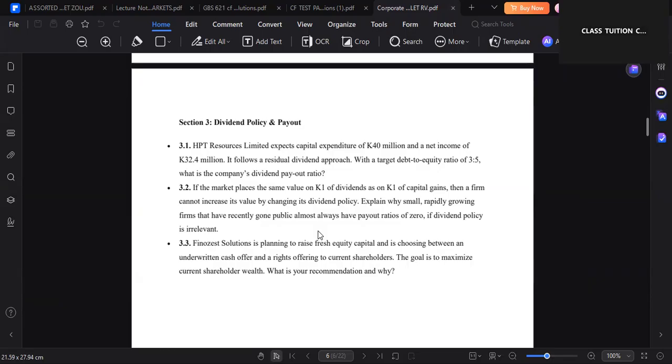Explain why small, rapidly growing firms that have recently gone public almost always have payout ratios of 0 if dividend policy is irrelevant. And Finance Solutions is planning to raise fresh equity capital and is choosing between an underwritten cash offer and a rights offer to its current shareholders. The goal is to maximize the current shareholders' wealth. What is the recommendation and why?